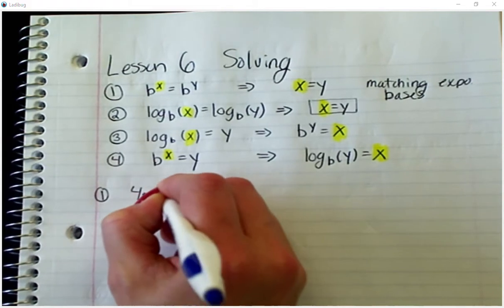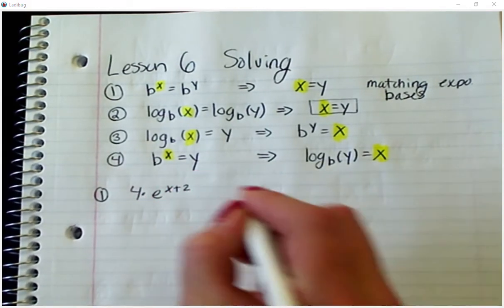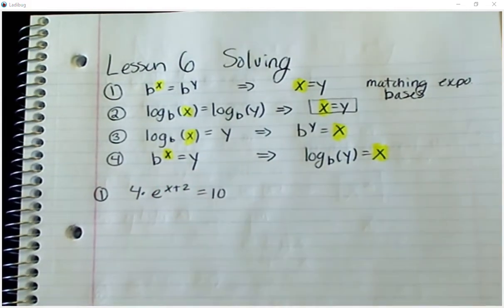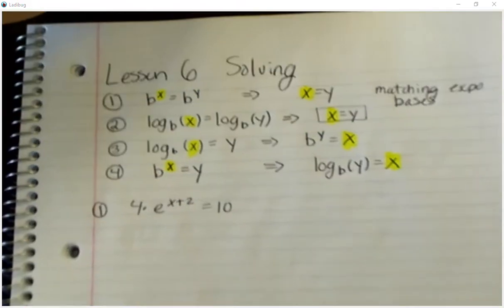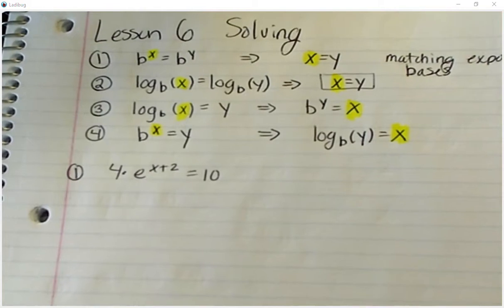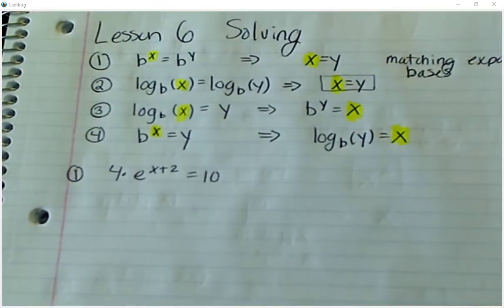Four times e to the x plus 2 equals 10. Which category do you think you're in? 1, 2, 3, or 4?